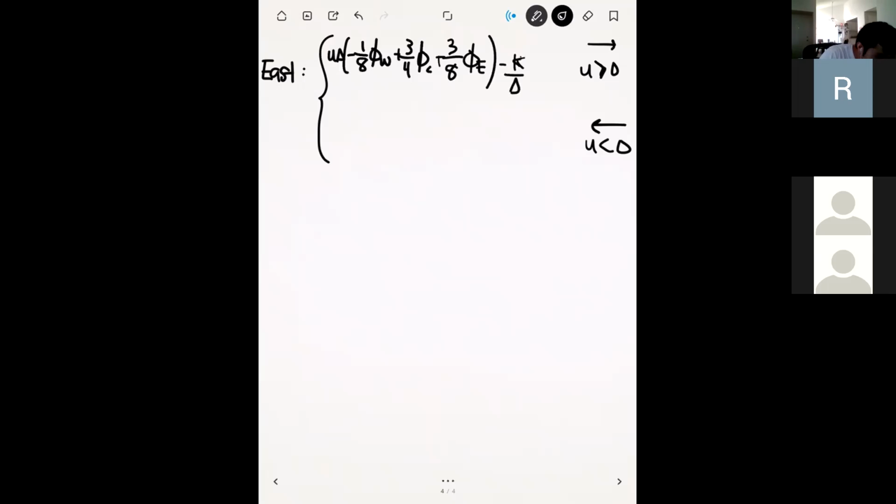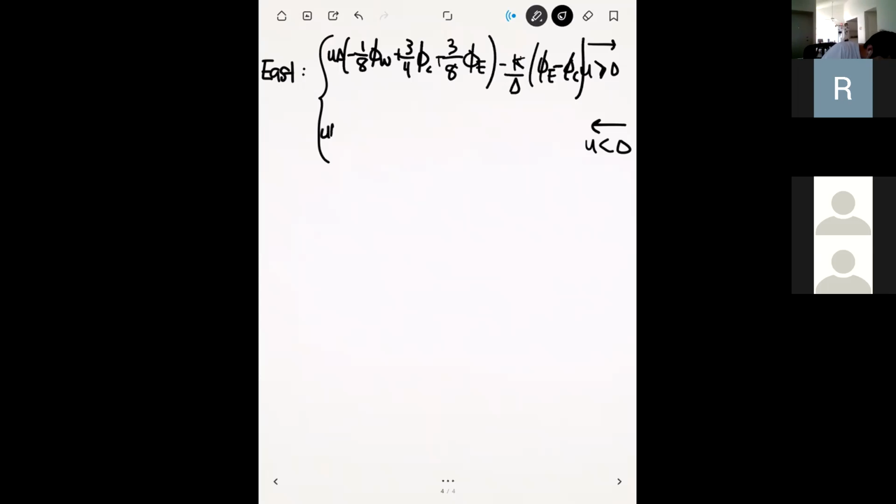And then we can't forget our diffusion term, which is going to be minus k over delta times phi sub e minus phi sub c. And then if u is less than 0, we're going to use version 2 of what we did last time.